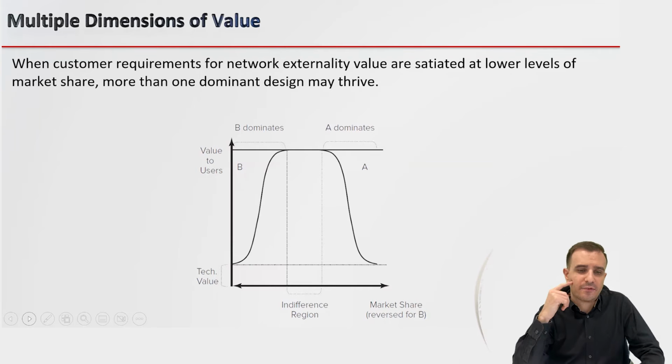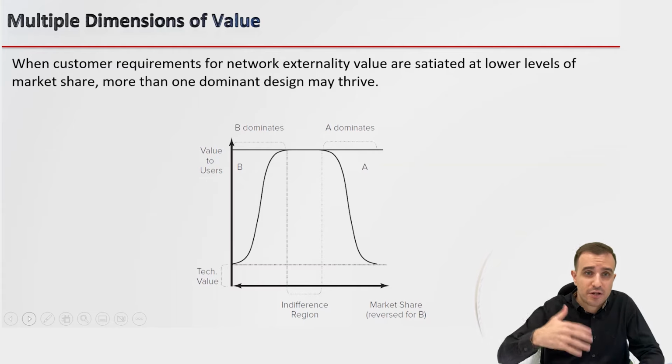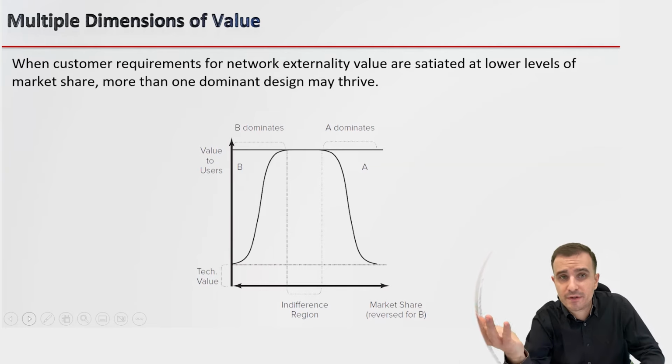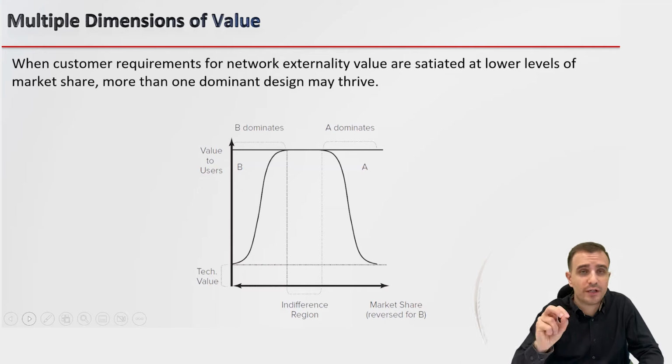The final case that we need to consider is that some technologies don't follow either of the two paths that we just examined. Some technologies actually need less market share to capture value, so they are not compelled to reach a dominant position in the market. The first example I gave you was over 50%. The second example was lower, but only because the standalone technology utility was higher.